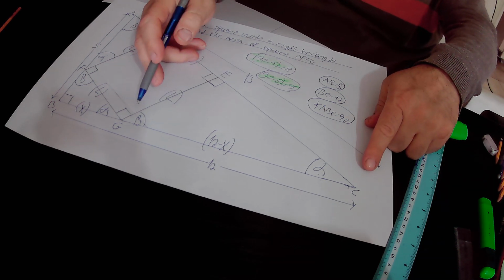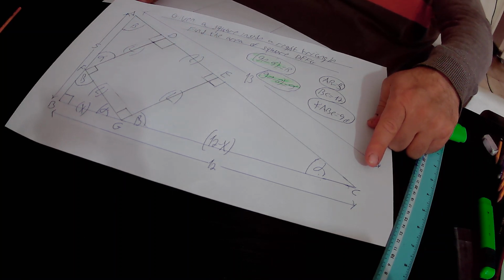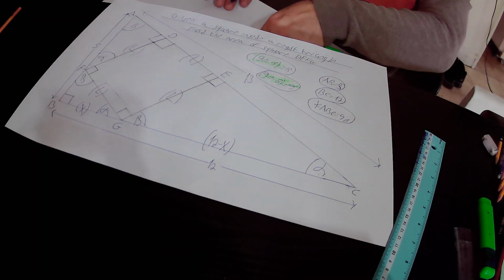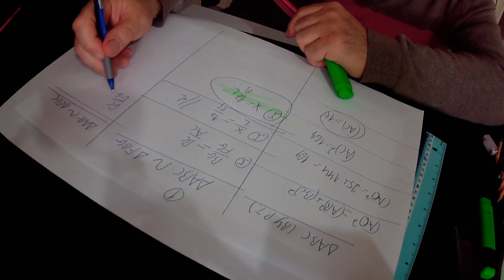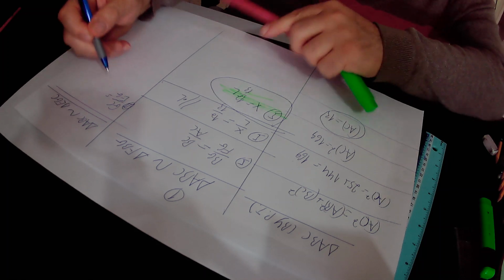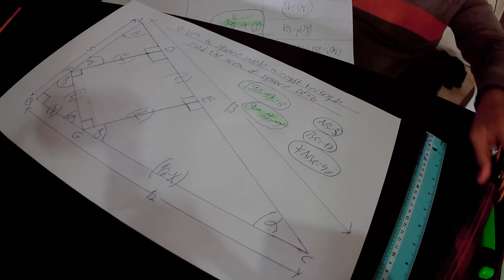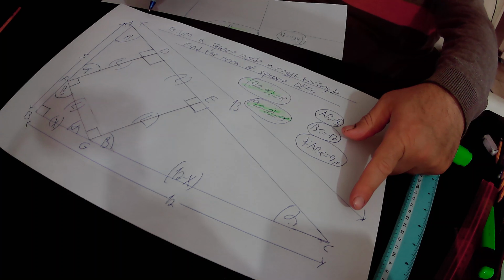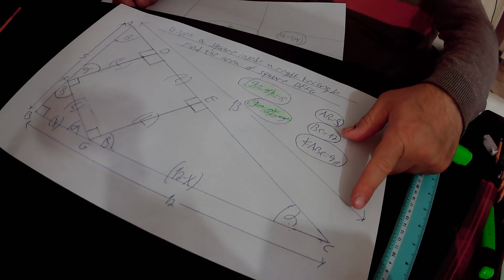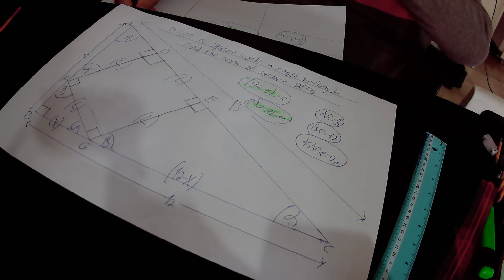Side GC over side EG in the right triangle EGC must be equal to side AC over side AB in the right triangle ABC.